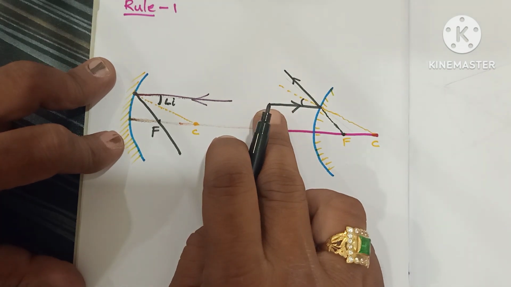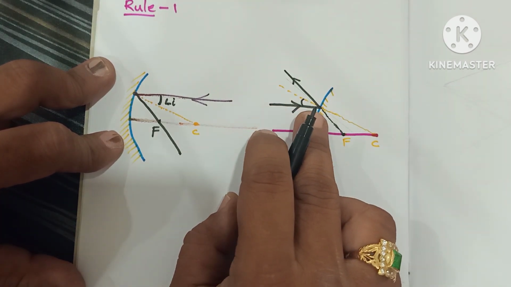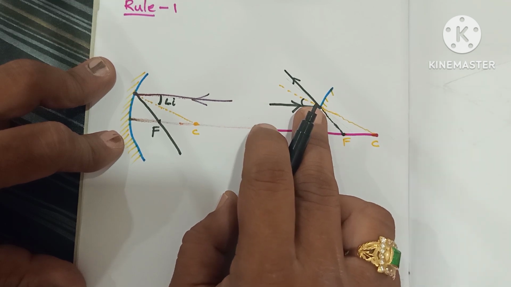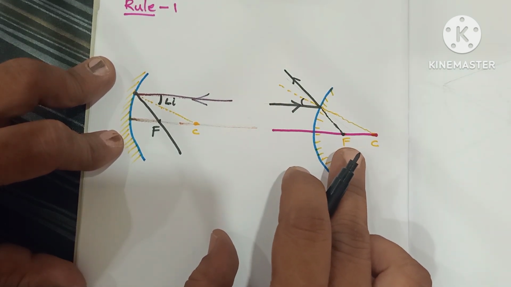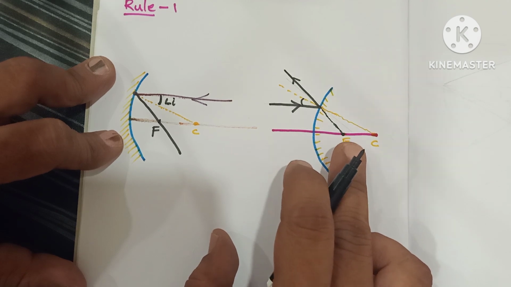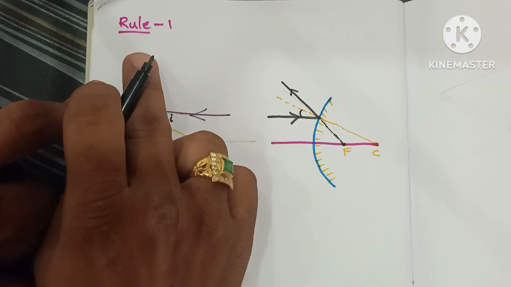So when a ray parallel to the principal axis is incident on the mirror, it gets reflected and appears to be coming from the point F or focal point. Okay, this is the first rule.